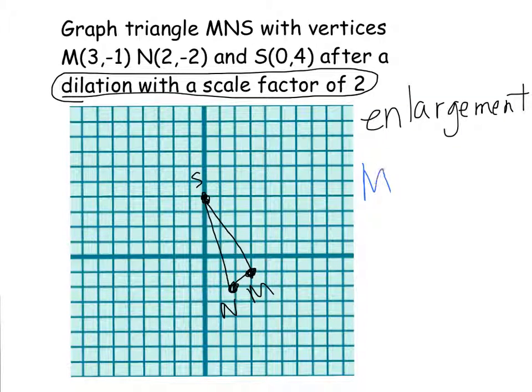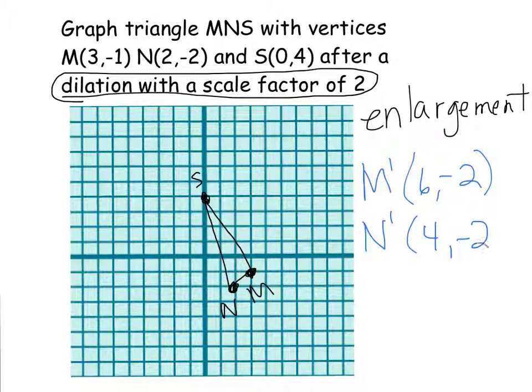So M prime would be 2 times 3, which is 6, and 2 times -1, which is -2. N prime is now going to be (4, -4), and S prime is going to be (0, 8).